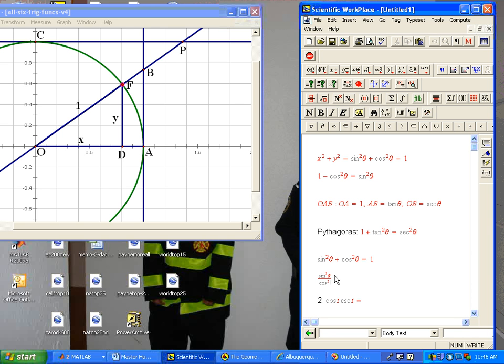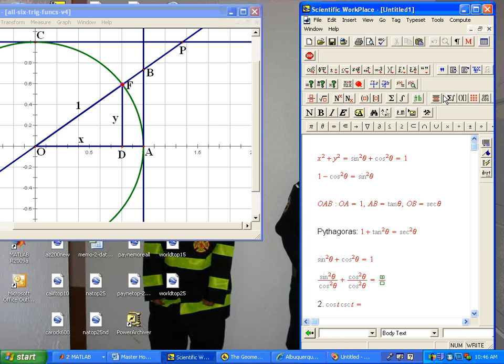I'm going to divide everything in sight by cosine squared. Let me make those bigger so they're more visible.